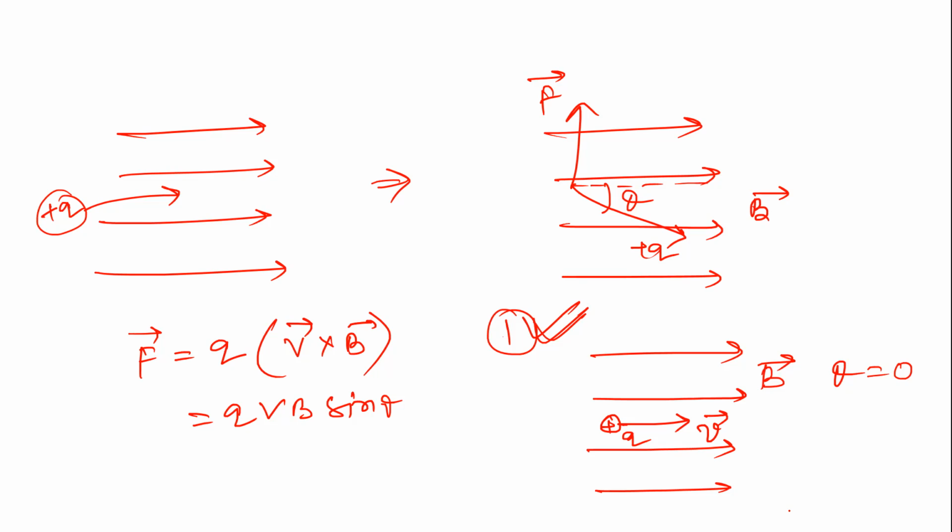So what can I conclude? If the charged particle enters the magnetic field parallel to the magnetic field, no magnetic force will be experienced by it, because the angle we consider is between the velocity vector and the magnetic field. In the previous case also, the angle between the velocity vector and the magnetic field was theta, so the force was qvB sine theta.